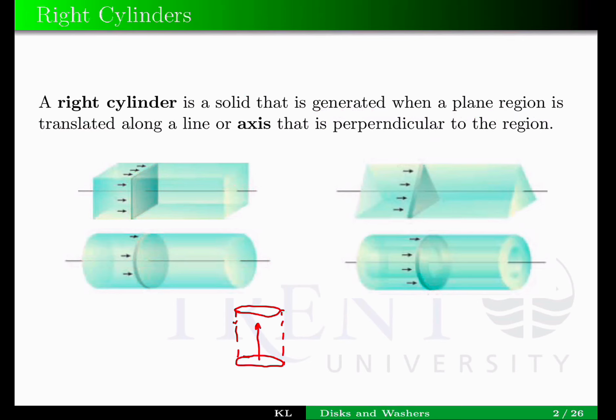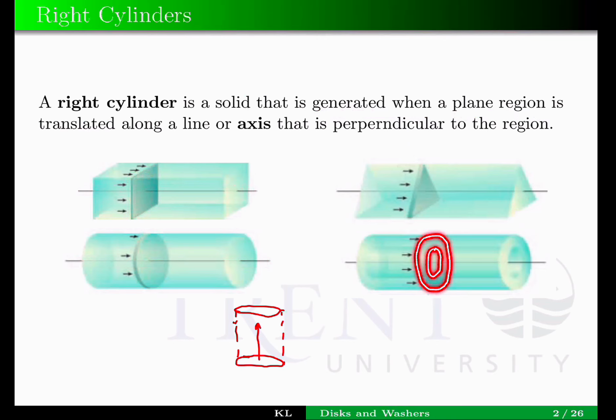Okay, so take note that when you translate the plane region, all the points in that region are also translated. So if you collect all the translations of all the points inside the plane region, then you will create a solid. If you look at this, I'm not sure if you can see it, but here we have this circle and there is another circle here.